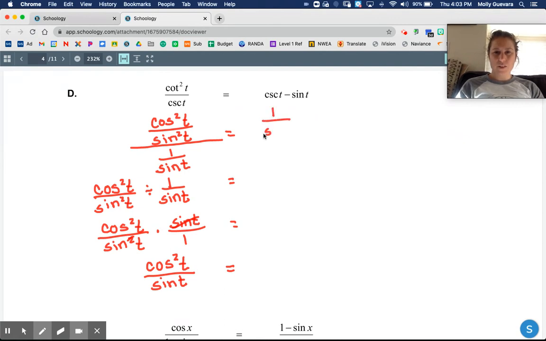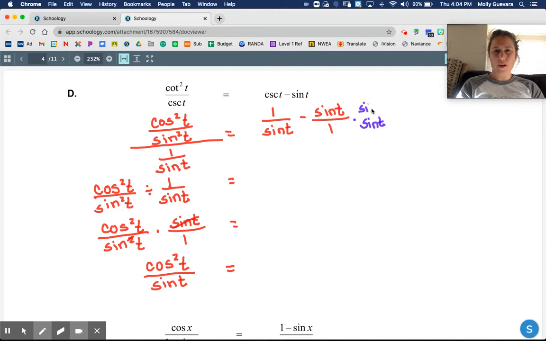Cosecant is 1 over sine minus sine of t over 1. In order to subtract, I need to get this to one term, right? Everything over here is just one term. So I have to subtract these fractions. In order to subtract the fractions, I have to get a common denominator. So my common denominator is going to be sine of t.